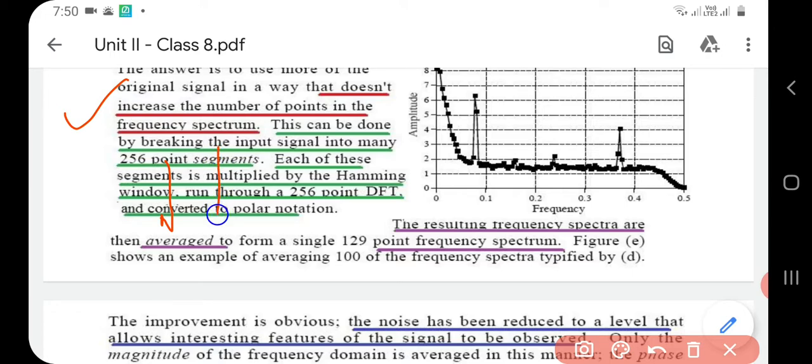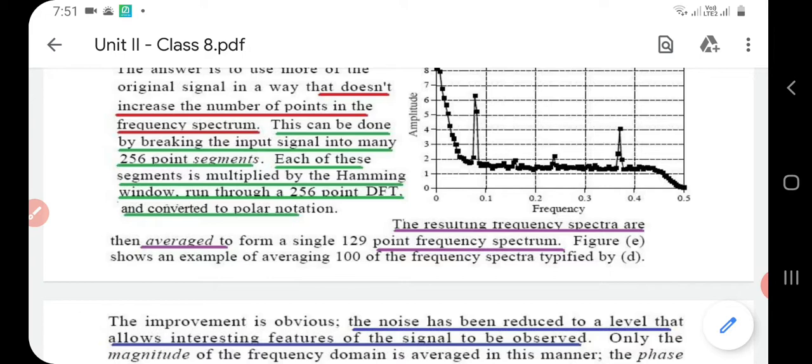So what was the first method? In the first technique, the whole signal was subjected to the Hamming window. But here, instead of putting the whole signal into the Hamming window, we break the original signal into a lot of segments, and each of these segments is multiplied by the Hamming window.